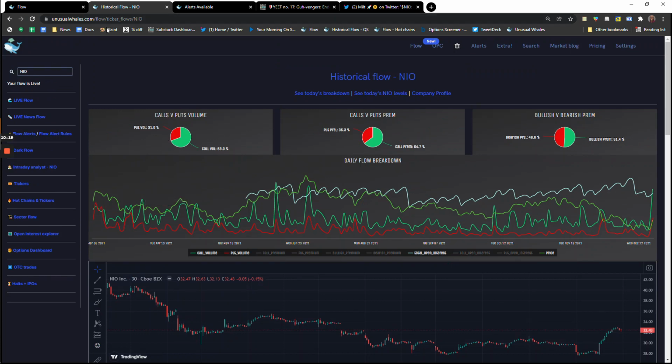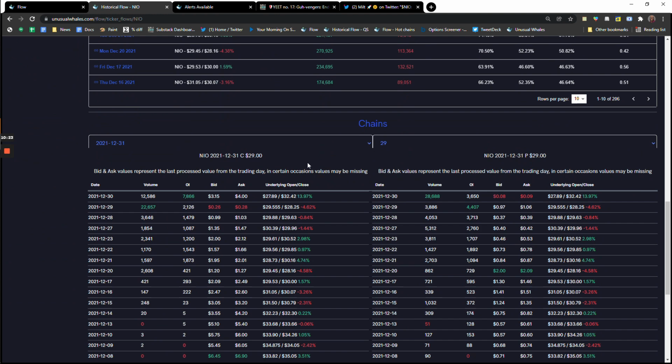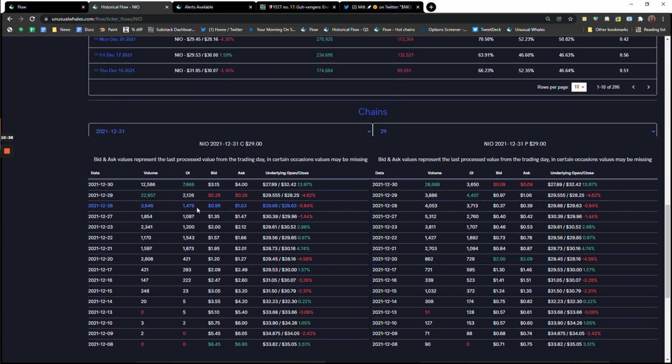Remember, in the last YouTube video, we talked about how to get to that historical volume. And so what you're going to want to look at here is to make sure what you're seeing is indeed correctly elevated. So on 12/28, which was Tuesday, it had 36.46 flow, and then the next day that jumped to 22.657.